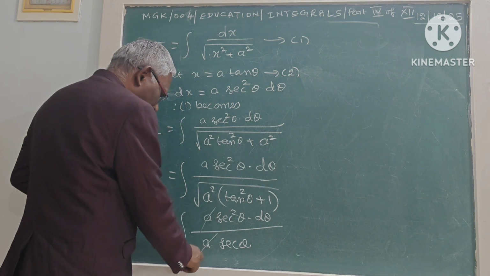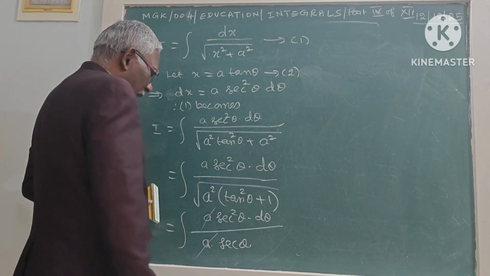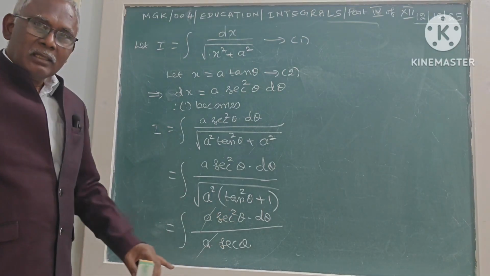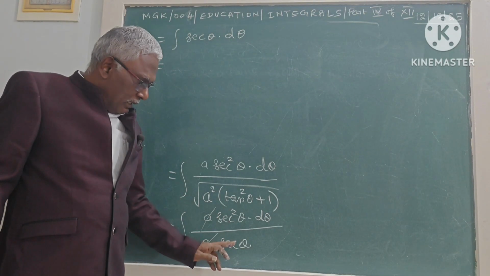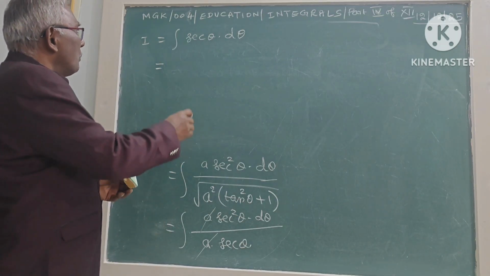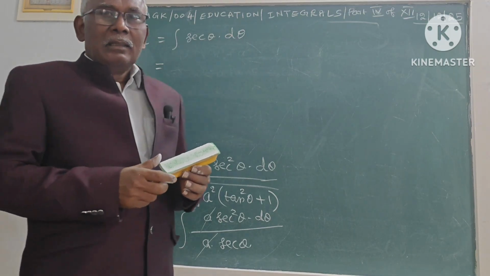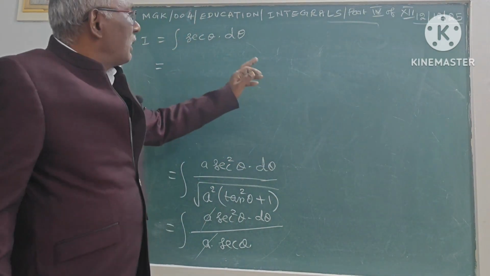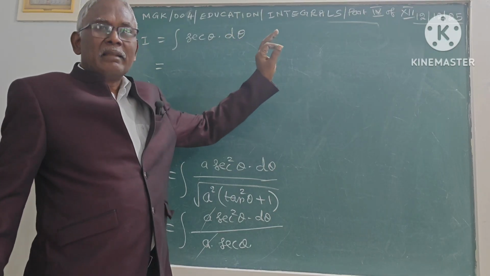So this now becomes integral secant theta d theta. Secant square theta by secant theta is secant theta d theta. To find the value of integral secant theta d theta, we have to multiply numerator and denominator by secant theta plus tan theta.